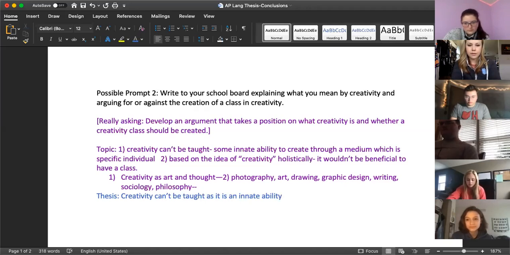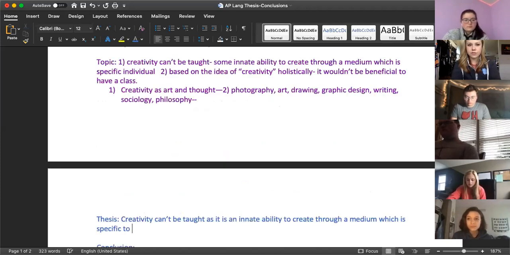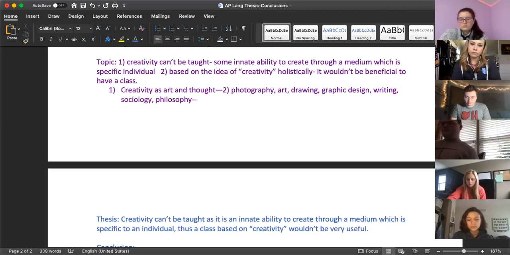An innate ability to create through a medium which is specific to an individual. Thus, and we'll throw that in there, a class based on creativity wouldn't be very useful. Something like that? Yeah? Yes? No? Maybe so?